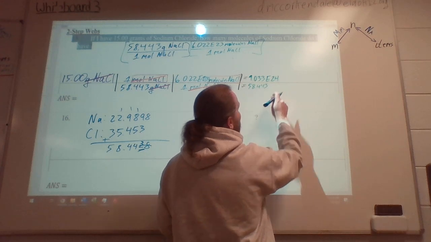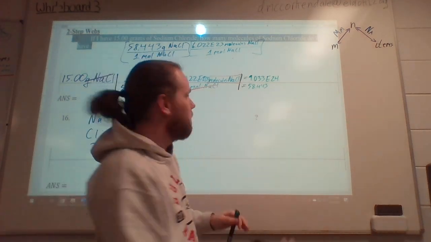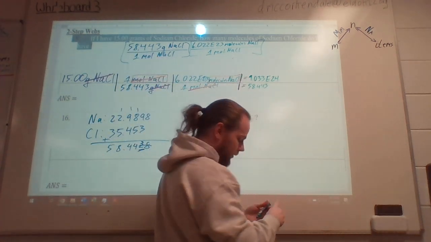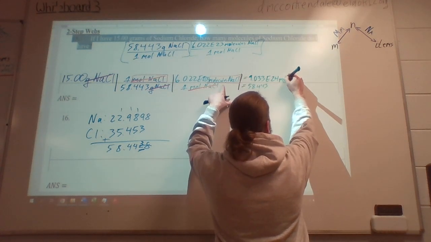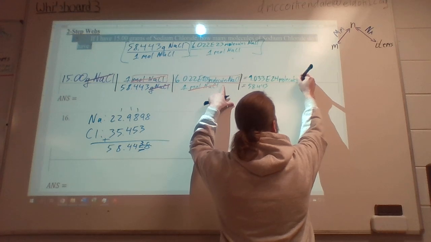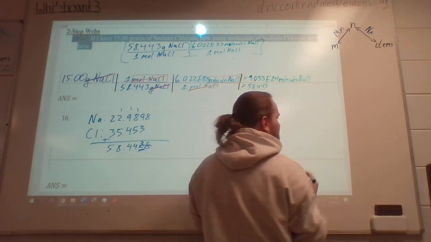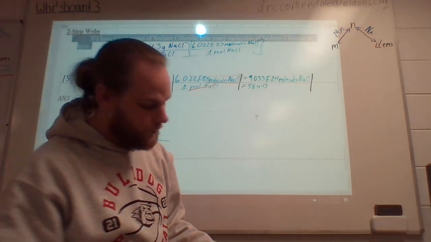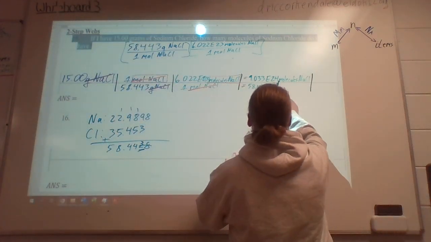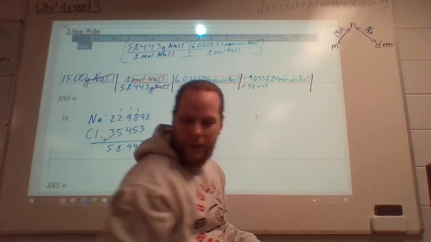Now we need to actually divide those two. Oh, and I almost forgot the units. Molecules of NaCl. Don't want to lose those. It's very easy to lose those in this problem. Don't forget, you need to keep track of those. So now we take this number and divide it by that one.